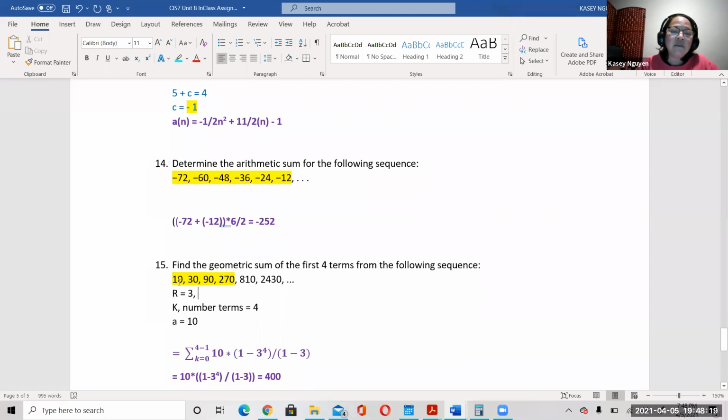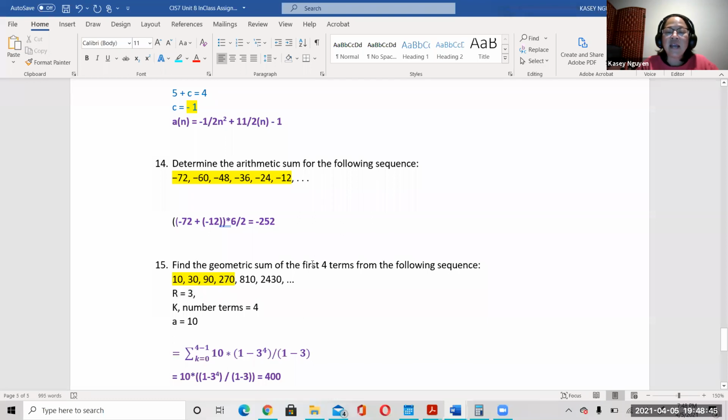Next we would identify the A, which is 10. When you use these formulas or equations, it's important that you first identify the first value, which is the first number in that sequence. Then in the geometric series, you have the common ratio, which is 3 in this case.